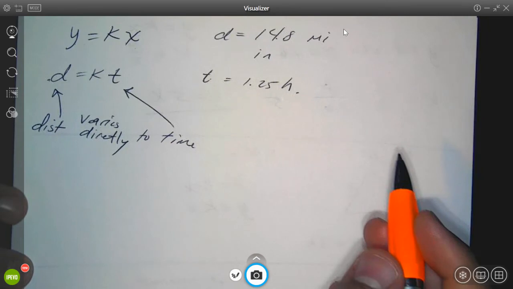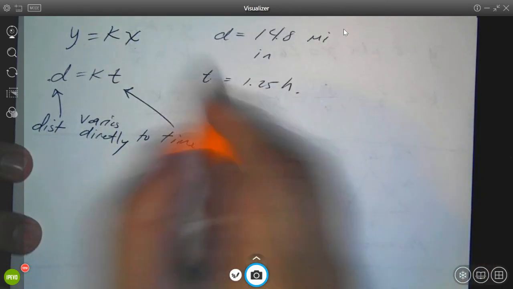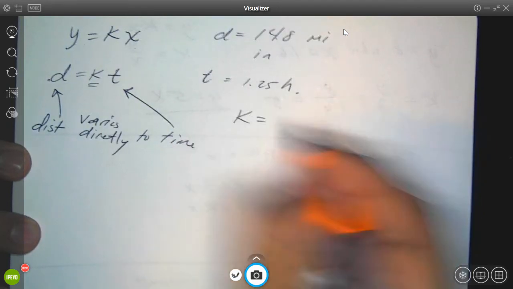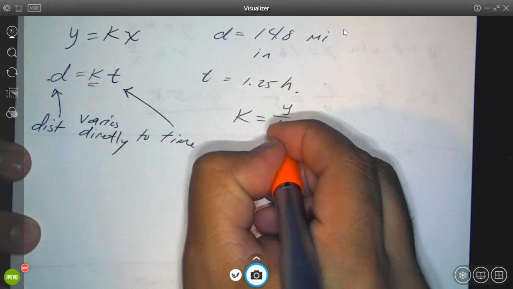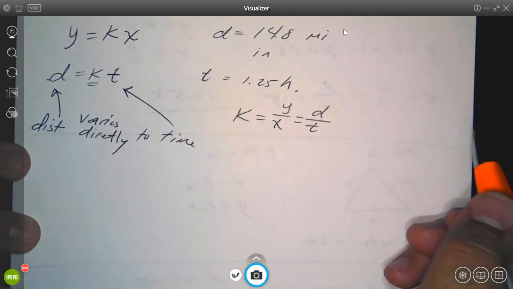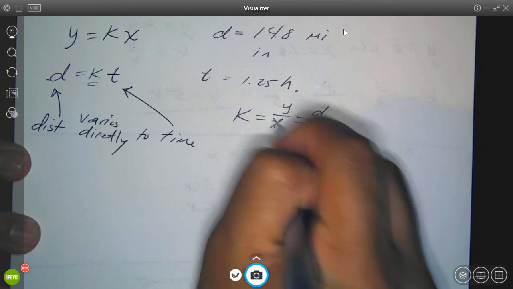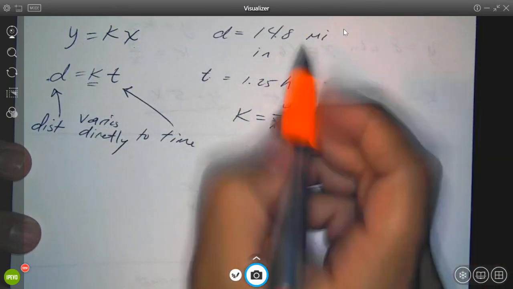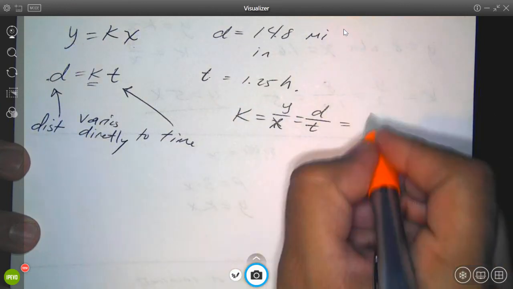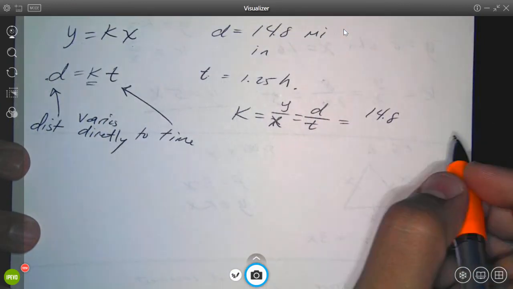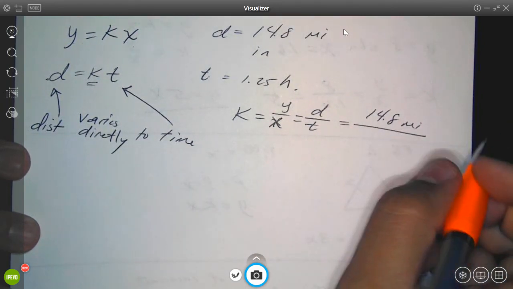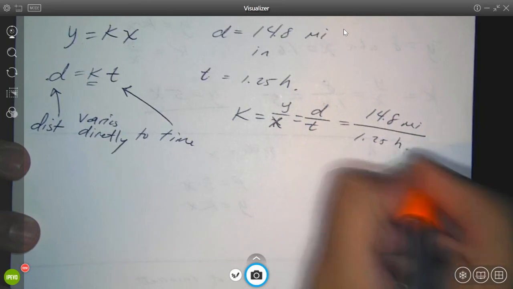So it said write the equation. Well, remember, the nice thing about this is how do we find k? Well, k is the output over the input. In this case, distance over time. So they gave me some information here. The distance for 14.8 miles in 1.25 hours. So I biked 14.8 miles in 1.25 hours.